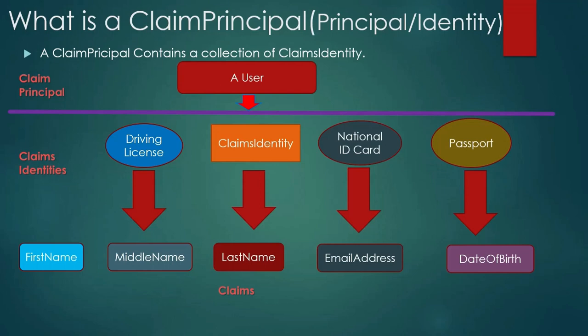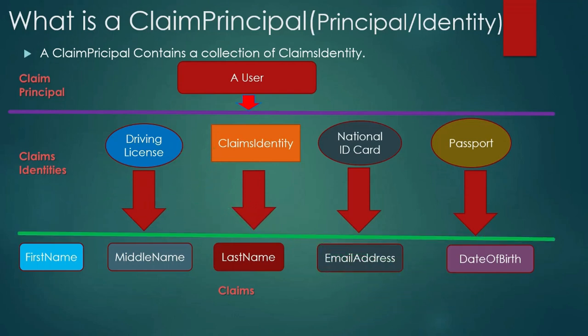Your passport and driving license have information about you, so being claims identities they can be used to identify the same person, who is the claims principal. So the claims principal is actually the user. This is the explanation about claims principal.